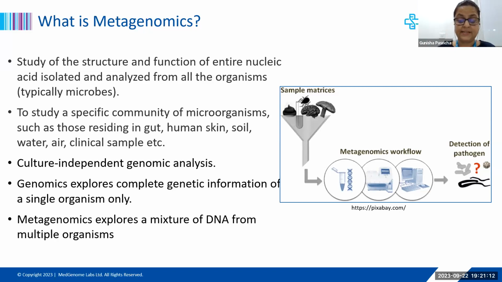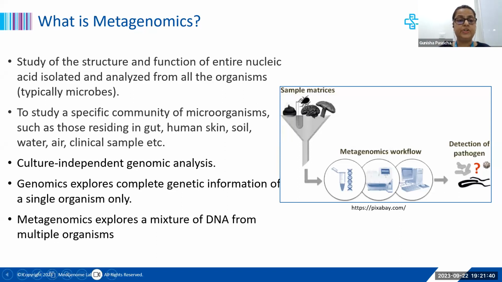So what is metagenomics? This is basically the study of structure and function of entire nucleic acid isolated and analyzed from all the organisms, to study a specific community of microorganisms such as those residing in the gut, human skin, soil, water, air. And in this case, we are talking about a clinical sample, whole blood, plasma. It is a culture independent genomic analysis.